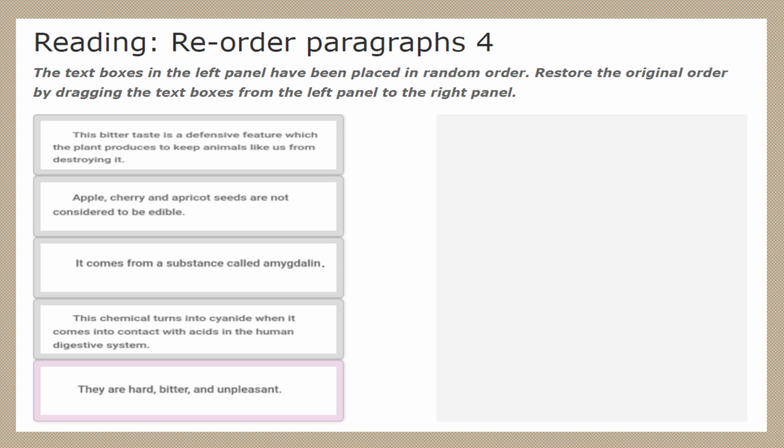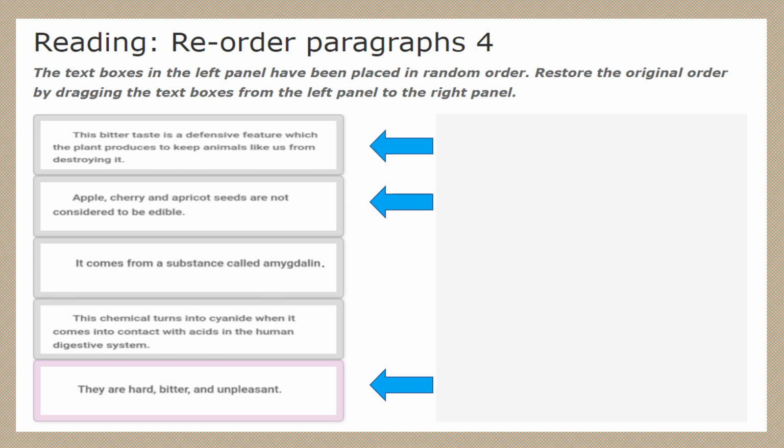And let's take a look at practice 4. Now here the first introductory sentence is: apple, cherry, and apricot seeds are not considered to be edible. Now, because they're not considered to be edible, they're hard, bitter, and unpleasant.